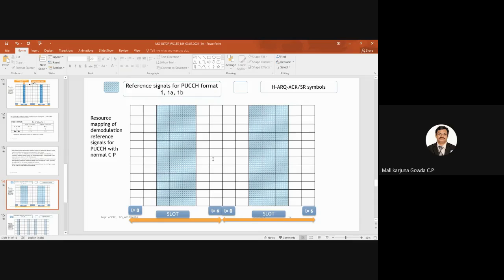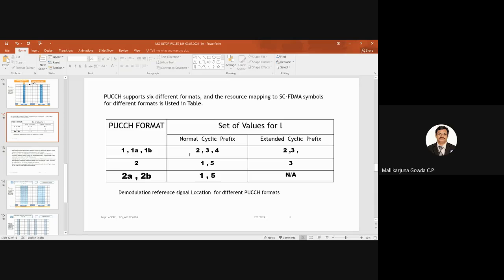What I was telling about 2 or 3, right? This is for format 1, 1A, 1B, right? The reference signals for PUCCH format 1, 1A, 1B. I said it will be occupying three symbols, right? With respect to this table for 1A, 1B, it will be occupying the OFDM symbols 2, 3, 4, right?